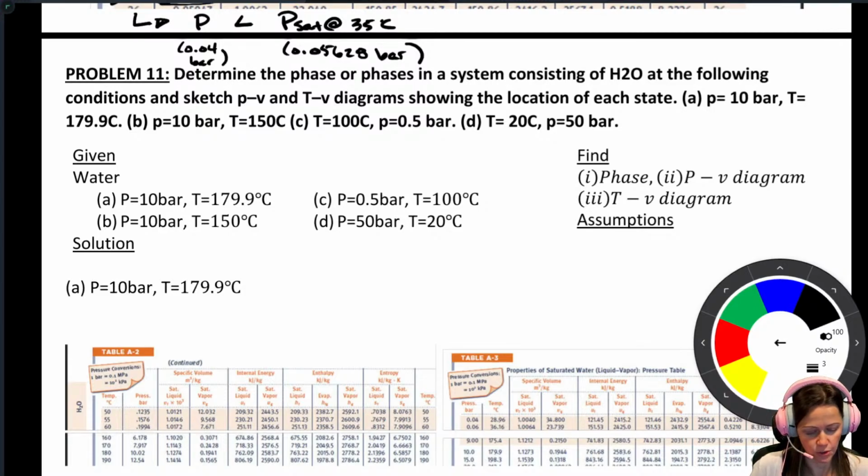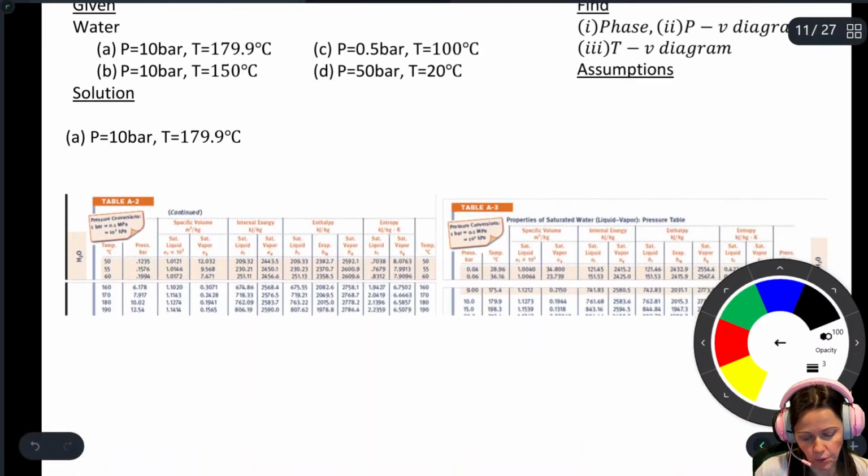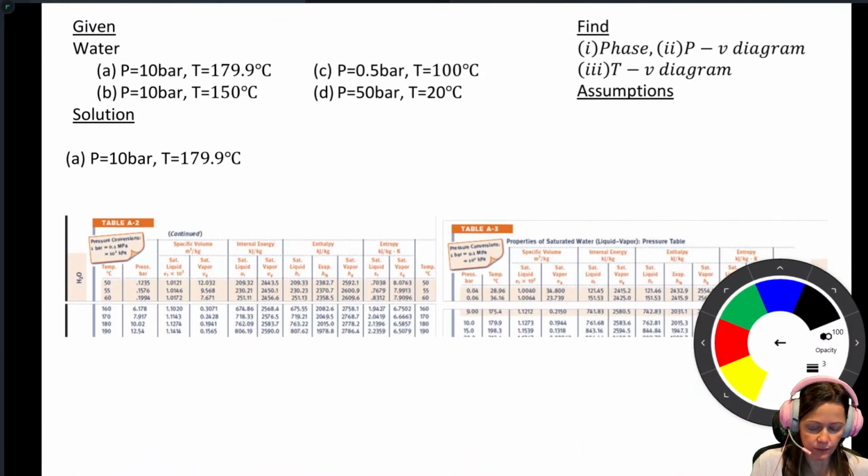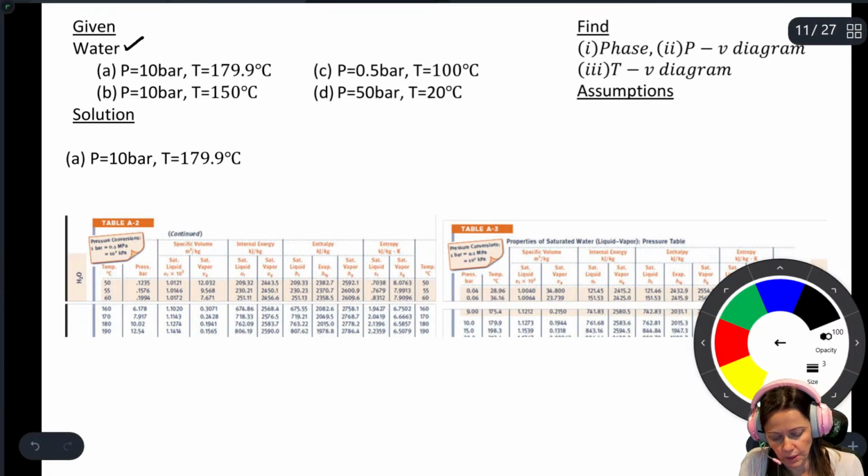We've got pressure and temperature for each of those, and then we're going to sketch it on a PV and a TV diagram showing where that dot is. I've put everything in a given, find, assume, solution format. Notice that I've got what substance it is, and then all the property data defined there.